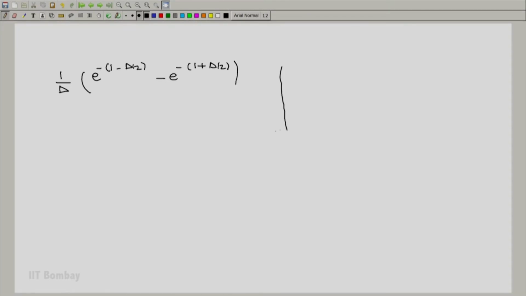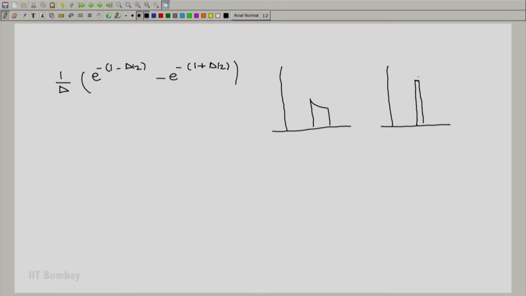So we can again draw the figure. It was looking something like this. So when we make the pulse narrower and narrower, the height difference between the two extremities will be reducing, and it will finally be something like this, almost.